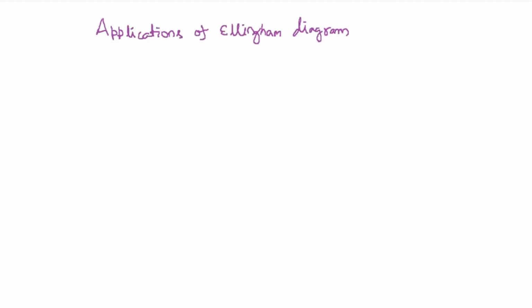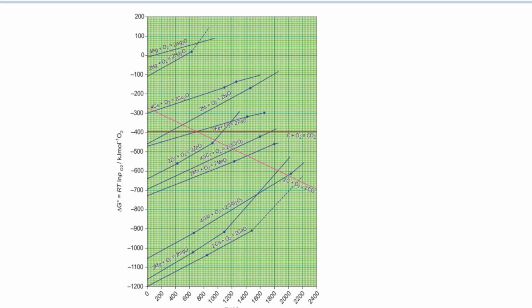Using this Ellingham diagram, a suitable reducing reagent for a given metal oxide can be predicted. So this is the Ellingham diagram for formation of metal oxide reactions in equilibrium. Here the formation of carbon dioxide and carbon monoxide reactions are also given.